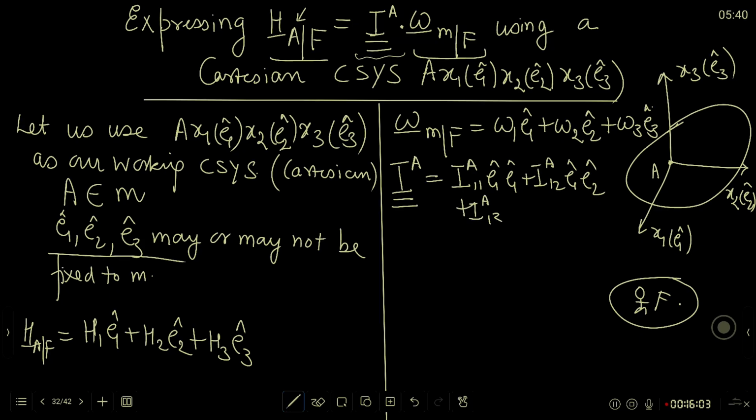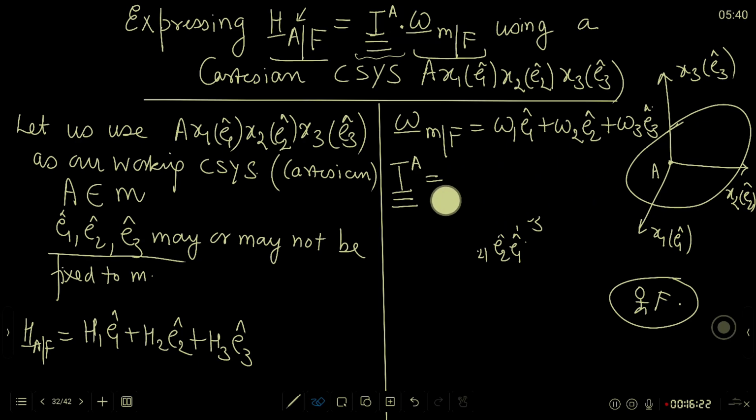First three components, then I will have IA21. Let me write it in a more ordered manner. I want to write from here.